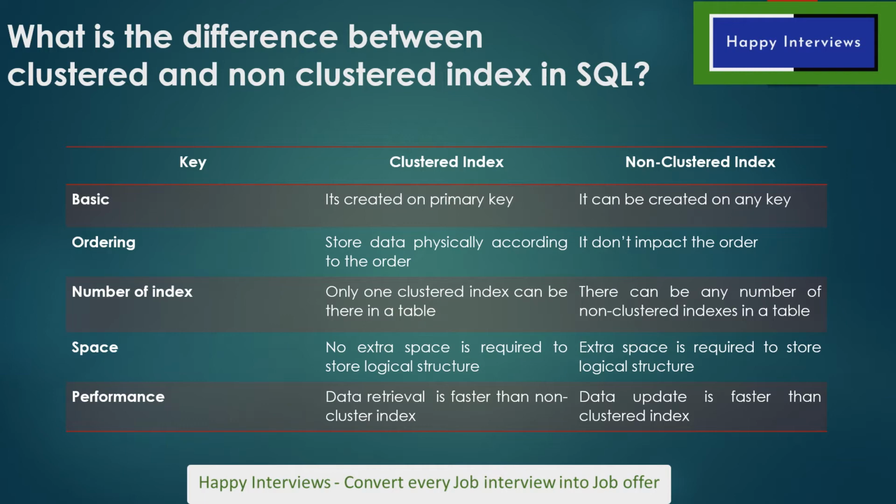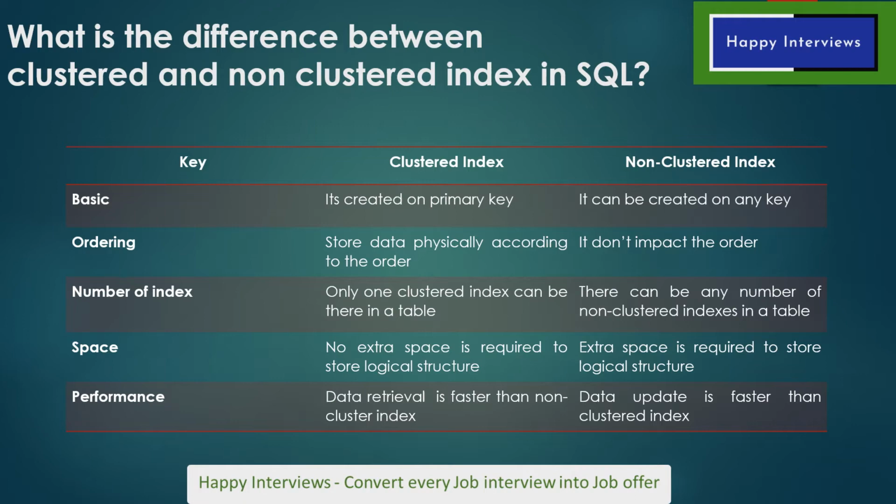About space, no extra space is required to store the logical structure in clustered, whereas extra space is required in non-clustered. Performance: data retrieval is faster in clustered than non-clustered, and data update is faster in non-clustered than clustered.